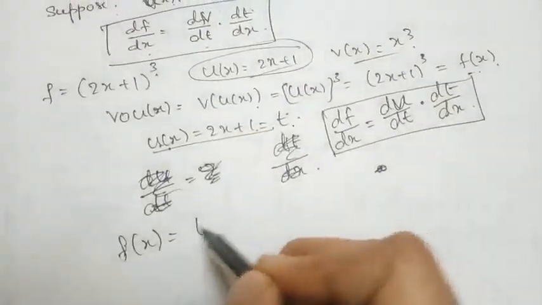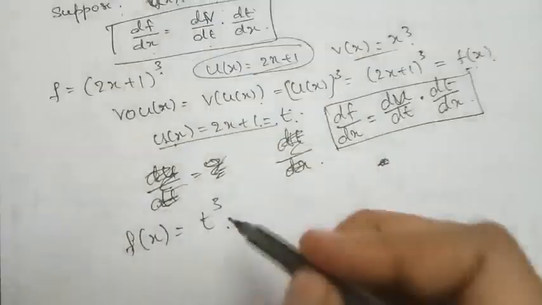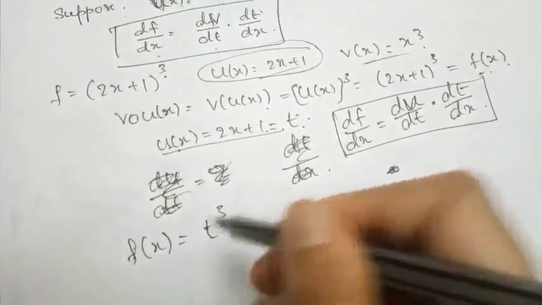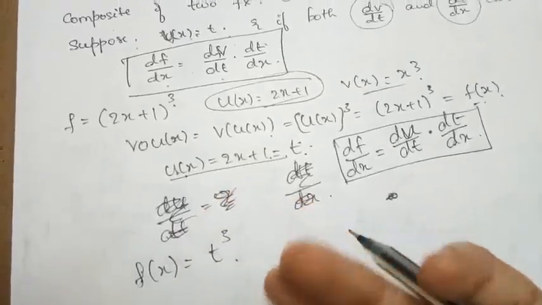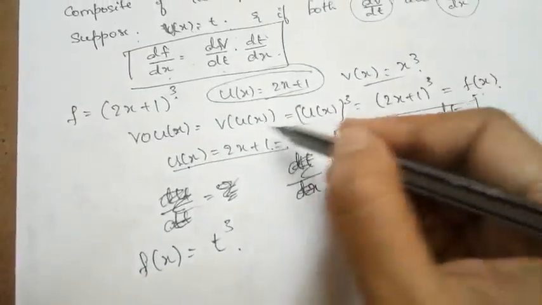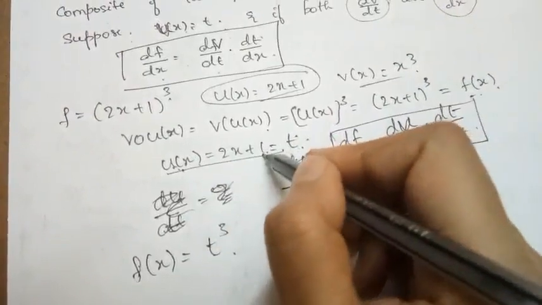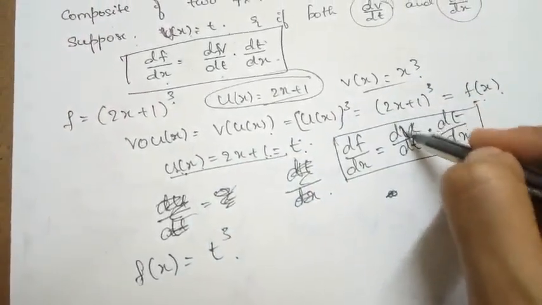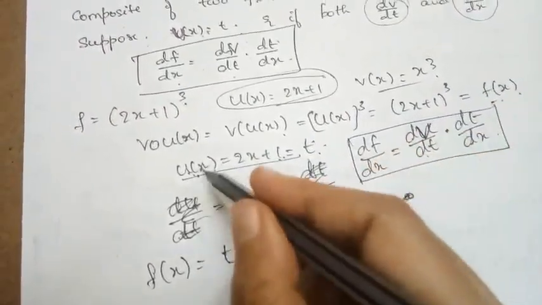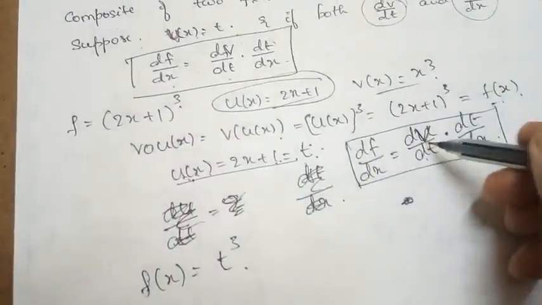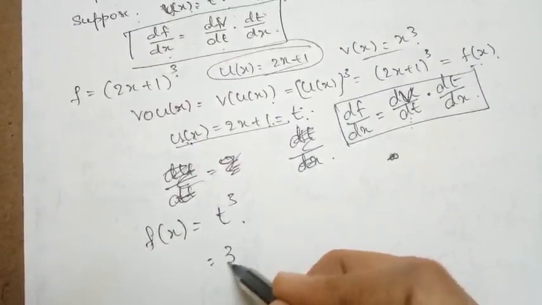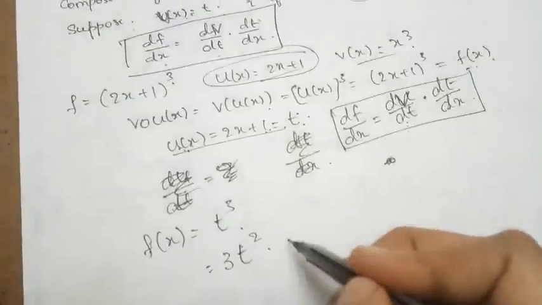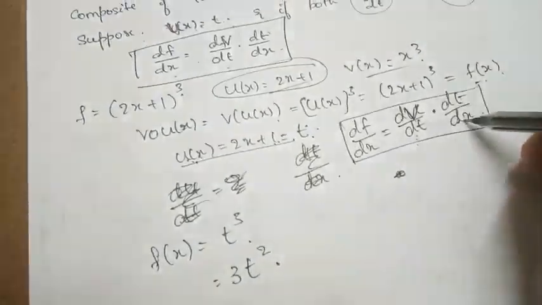According to the question, our f of x becomes t cube, right? First I differentiated this one with respect to t, that is dv by dt, which is 3t square, dot dt by dx.